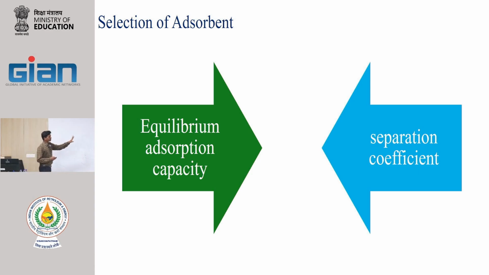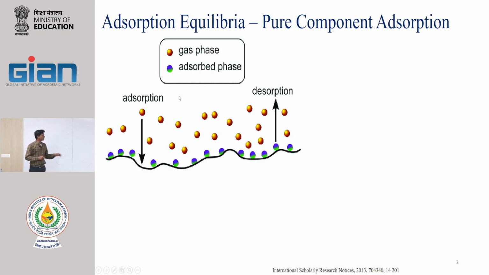So before exploring this one, we just go through the same process, again everything is the same. How are these adsorption isotherms affected? One thing is why we try to explore the pure gas adsorption isotherms. Why do we need pure gas adsorption isotherms? Because anyhow we are separating two or more gases.